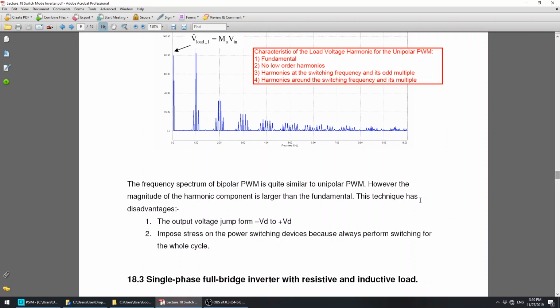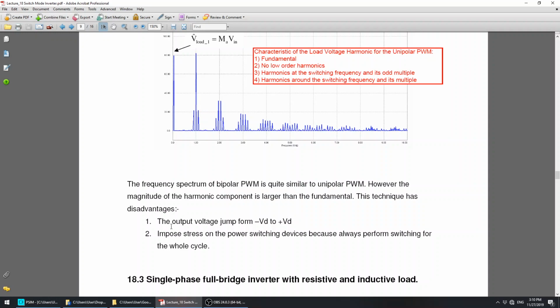So if you look closely, the frequency spectrum of bipolar PWM is quite similar to unipolar PWM. However, the magnitude of the harmonic component is larger than the fundamental. So if you look closely, this is higher than the fundamental.